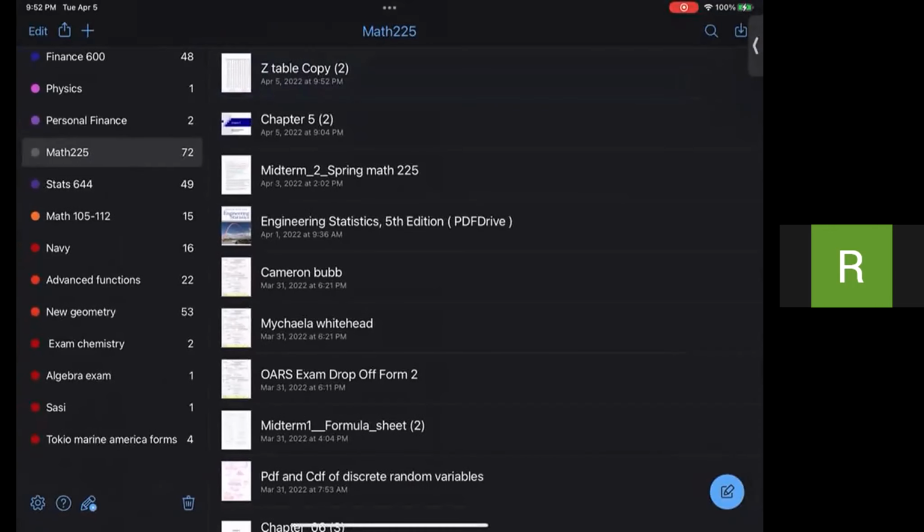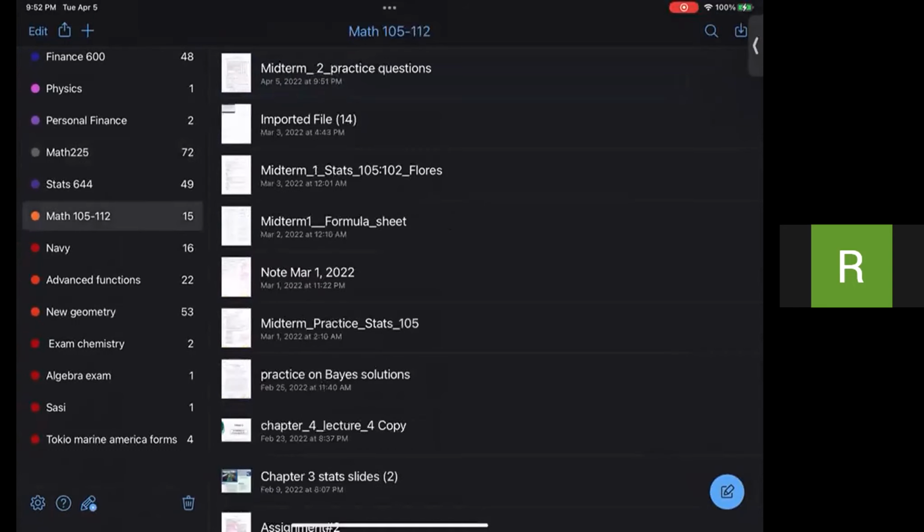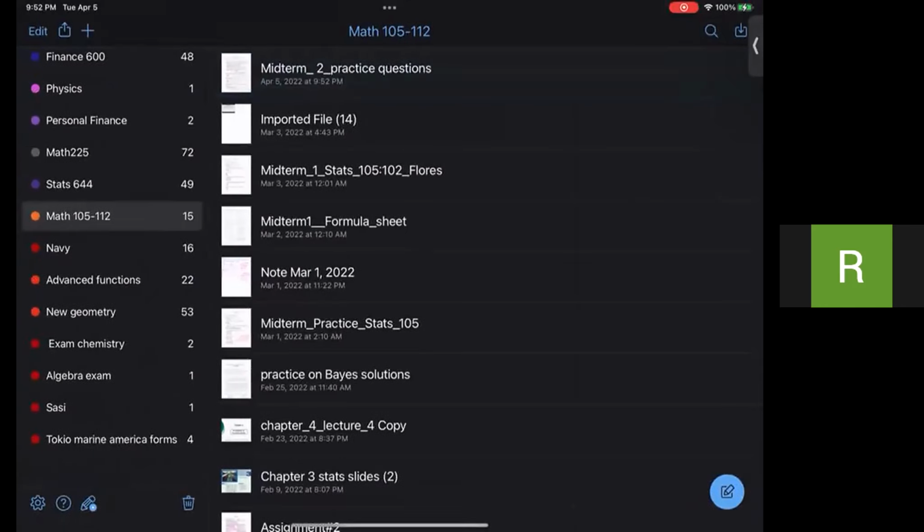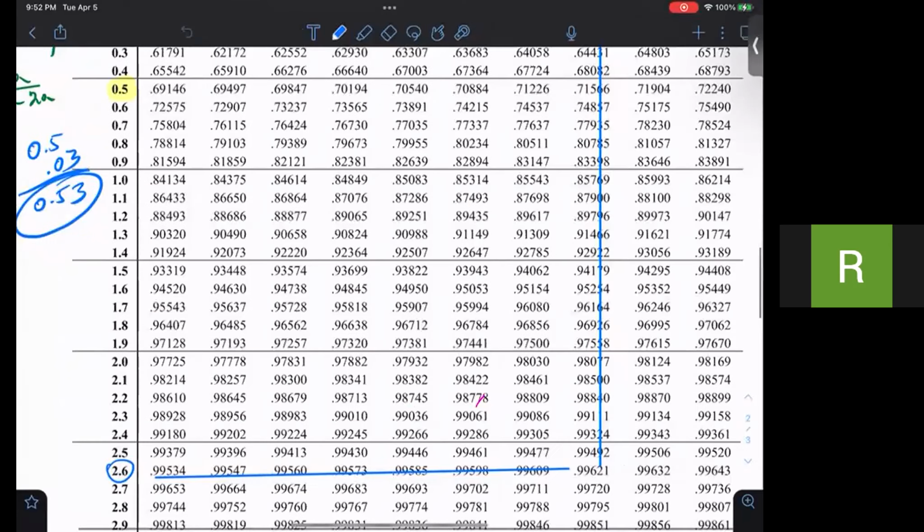When you subtract that, you get a little number: 1 minus 0.9962 is 0.0038. And then minus 1 minus the probability of Z less or equal than 4. That's a very small number, or I will say 0.